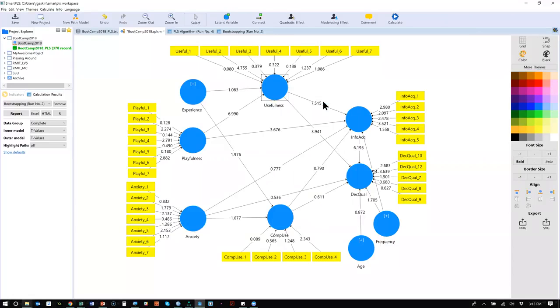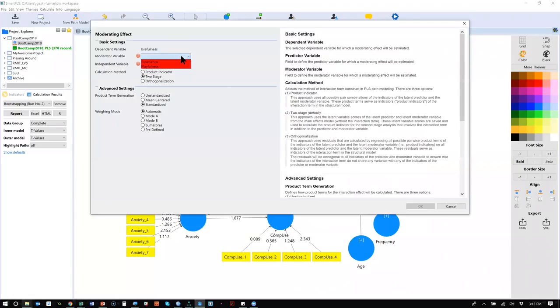Easy peasy. What is your moderator? Experience. What is your independent variable? Playfulness. What approach do you want to take? We're going to use the two-stage approach. That's where it's going to create a factor score for experience and for playfulness, and then it's going to standardize them, and then multiply them together, just like we did in SPSS already, but it does it all together right here.